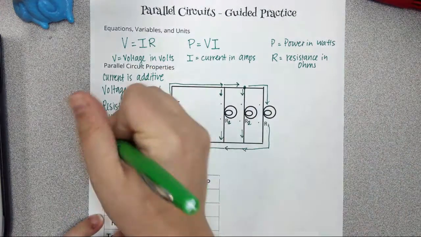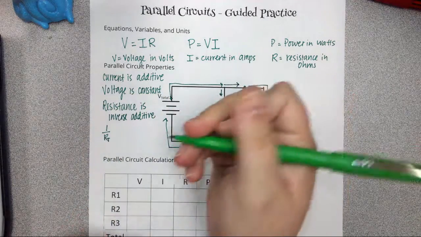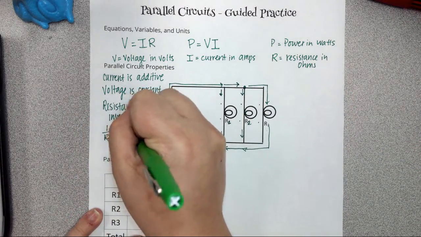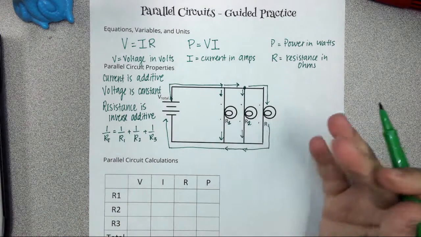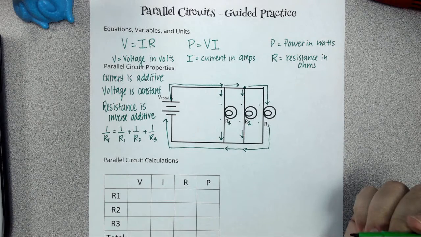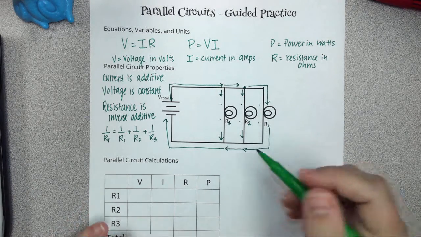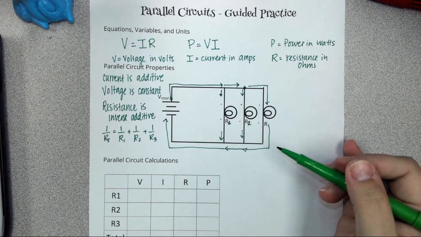It sounds scary, and the equation looks kind of scary. 1 over RT, or total resistance or equivalent resistance, is equal to 1 over R1 plus 1 over R2 plus 1 over R3. I'll show you how we can practice using that in just a second with some made-up numbers. Again, the main idea to remember is that as you add branches, the total resistance is going to decrease because the charges have more paths to follow.